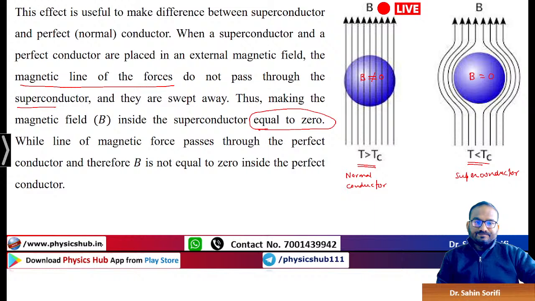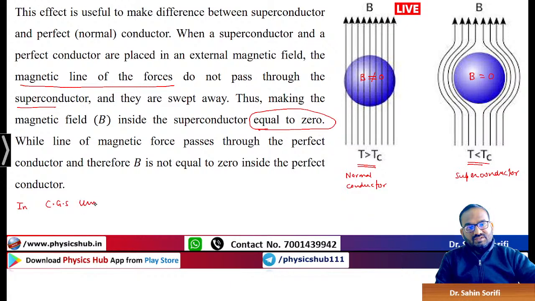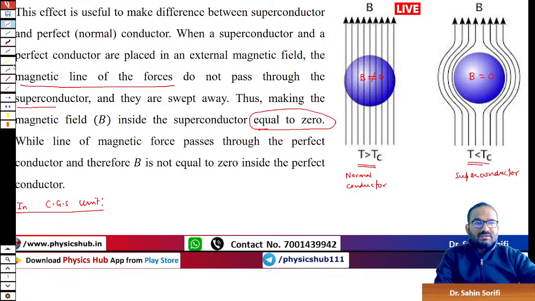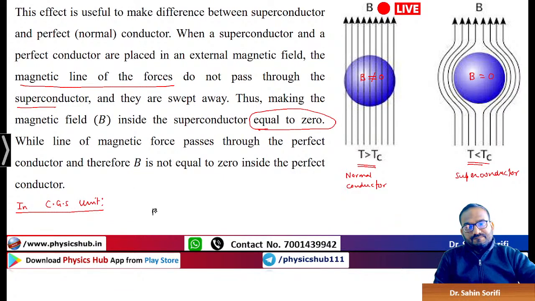Now, let's take the CGS unit. What will be the value of B? B, you know, is equal to H plus 4 pi M. This is in CGS unit. So what is the ratio of M upon H for a superconductor?